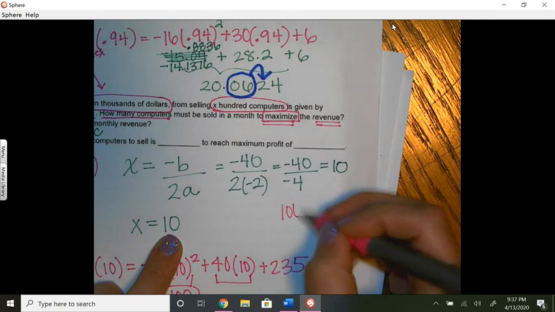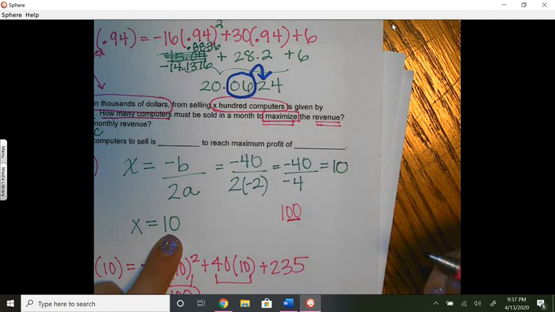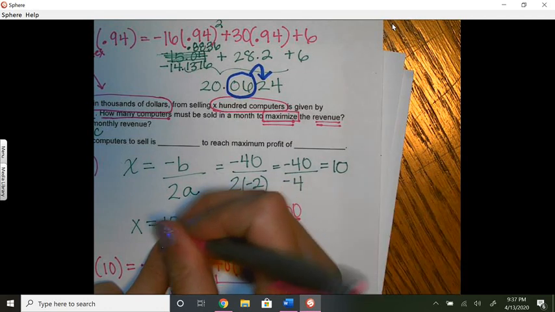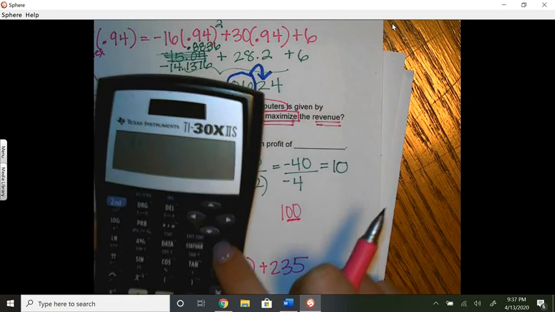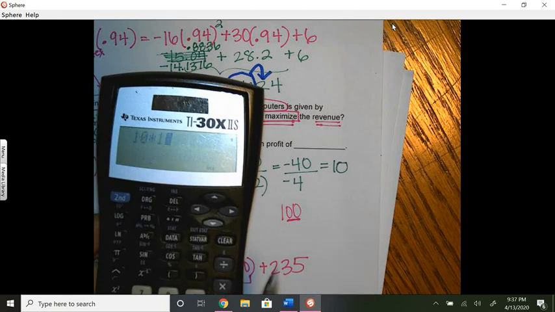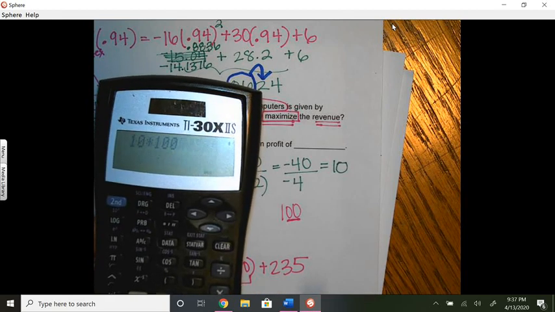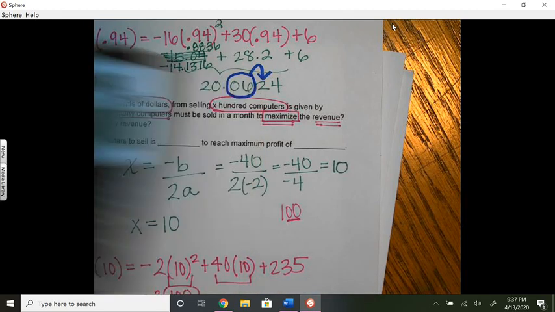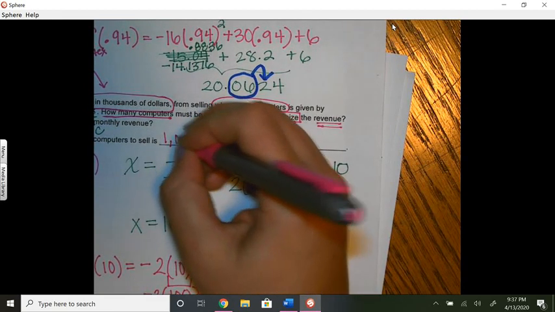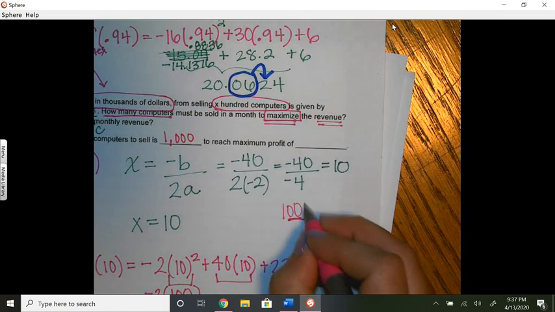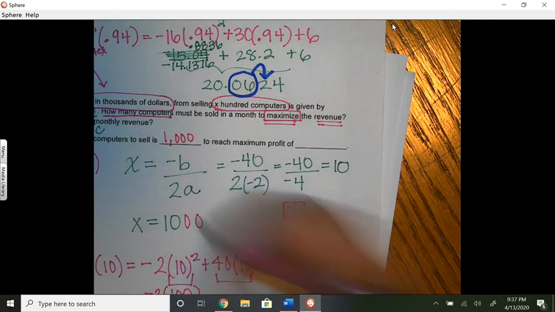Well, the number 100 has 2 zeros. So I need to either think of this like I'm going to take 10, and I'm going to multiply by 100 because it's in hundreds of computers. So we would get 1,000. So the number of computers to sell is 1,000.